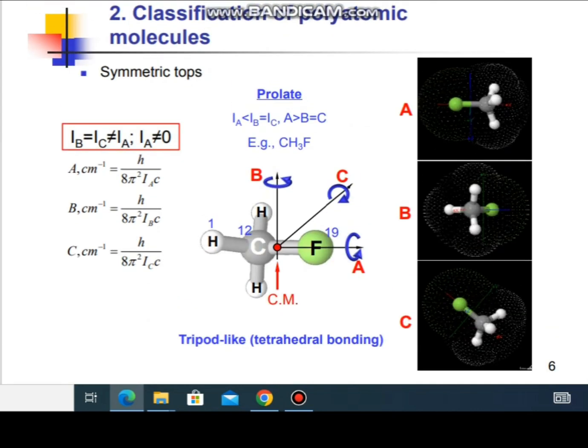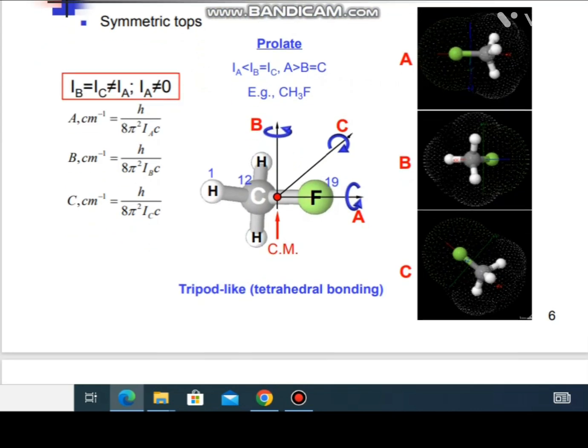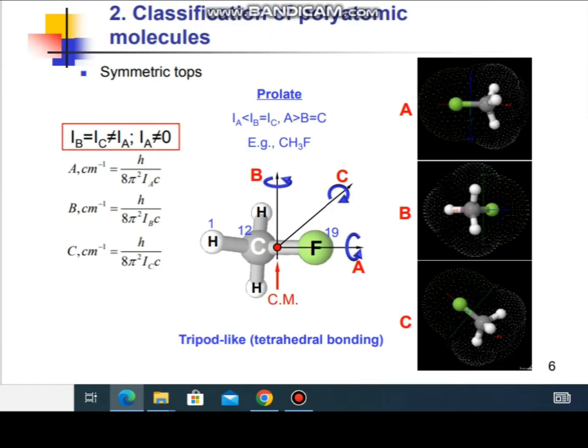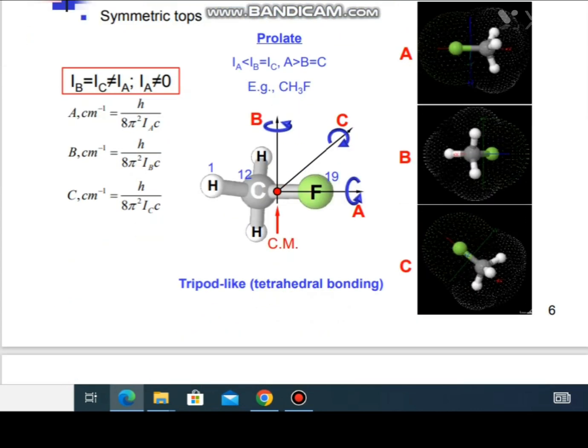Next we can take an example, methyl fluoride. There are two types of symmetric tops, oblate and prolate. Methyl fluoride is the example for the prolate. Here there is a possibility for the molecule to rotate along the A axis, B axis and C axis.